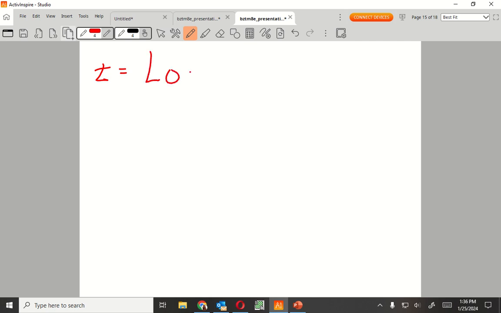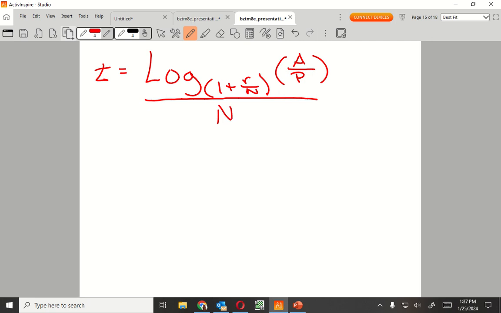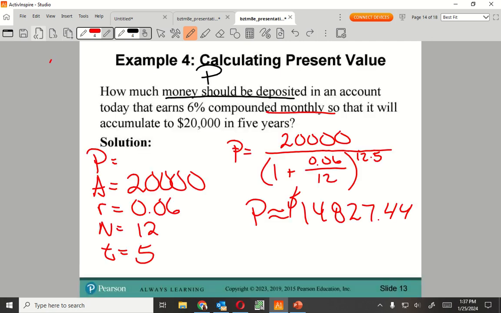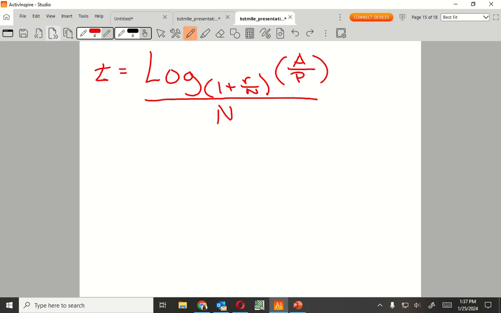That's 14. Right next to this one here. And this is for solving for time.